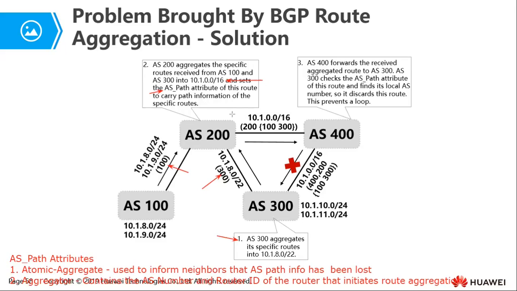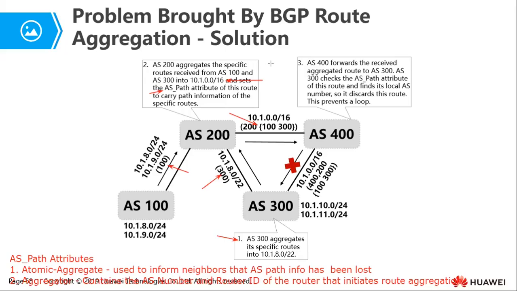So how does it do that? You can see here, when advertising this, the networks that have been aggregated from the different ASs, their paths are actually recorded in brackets. So 100, 300. Then, of course, now it's coming from 200.